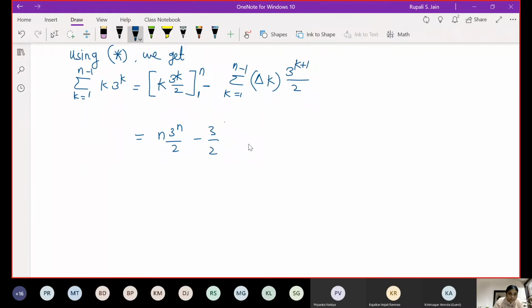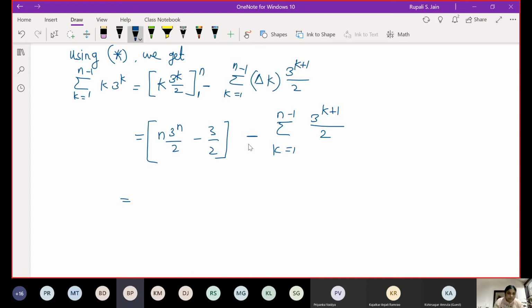And minus, now this summation k equal to 1 to n minus 1. What is delta k? k plus 1 minus k, so just 1. So I won't write it here. 3 raised to k plus 1 divided by 2. Is that okay?